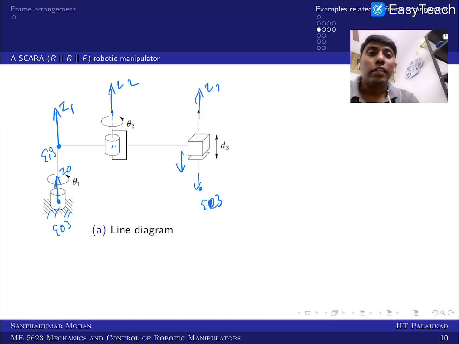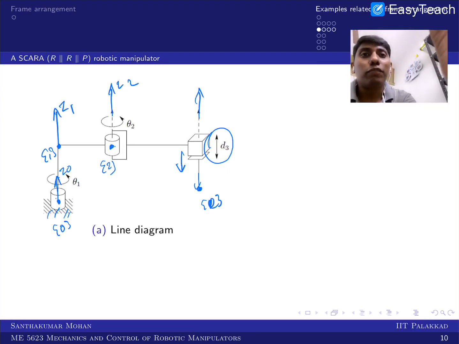Okay, so then Z2 and Z3 are parallel, so I can take conveniently like this, and there is a Z4 also coming, so anywhere we can see it. But the third joint is an active joint, so the frame is supposed to be at the end of this, so I'm conveniently taking the Z3 in this form. So in the sense I'm taking Z3 like this and taking the point here.